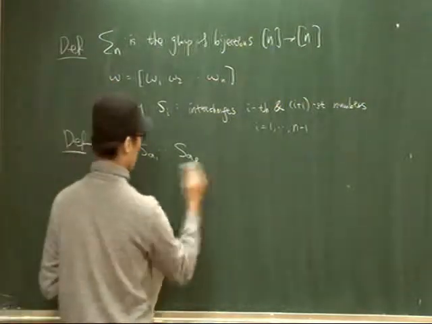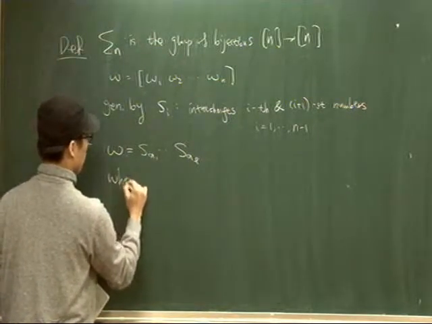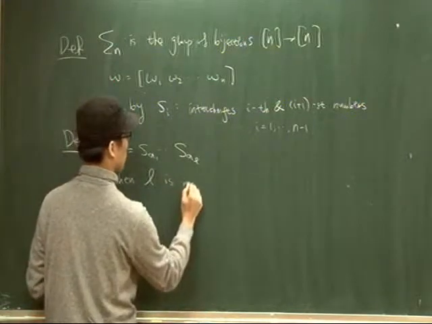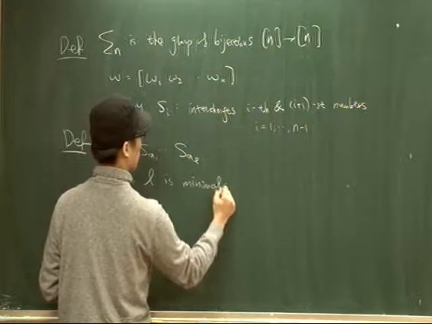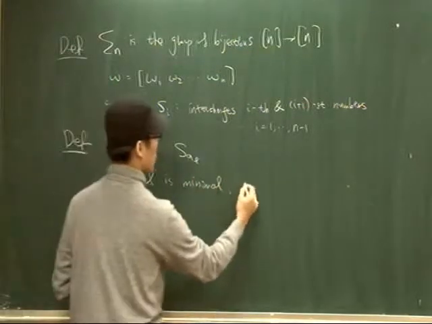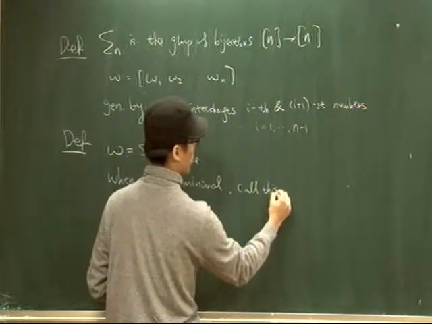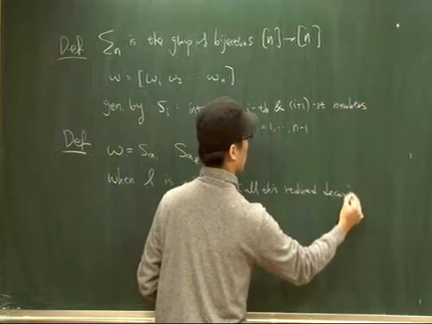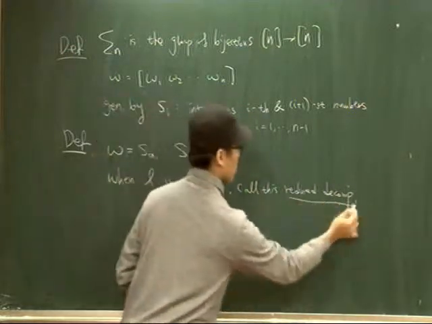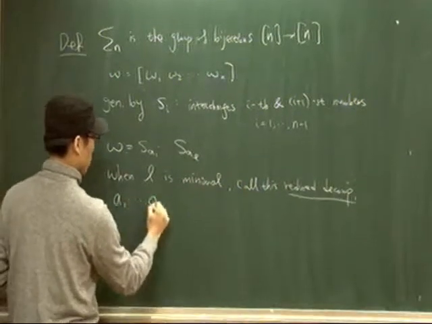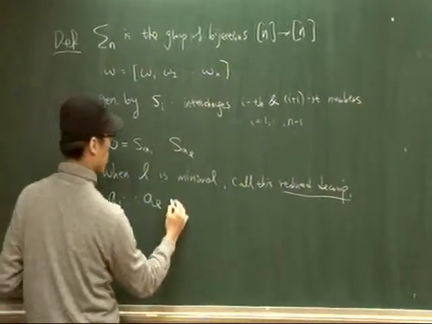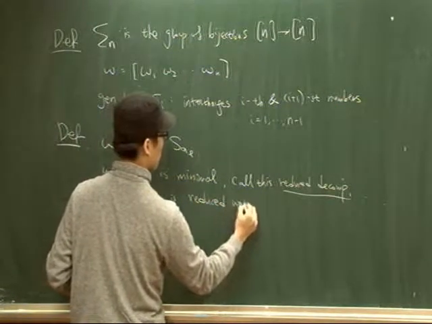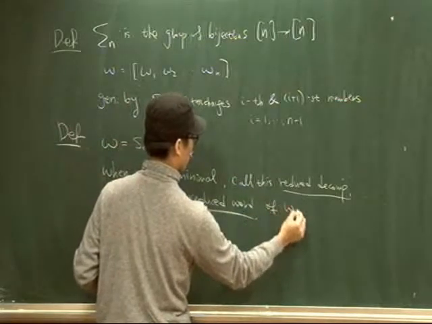And when this number l, which is called the length of this element, is minimal, we call this a reduced decomposition, and the word a1 through al is called a reduced word of w.